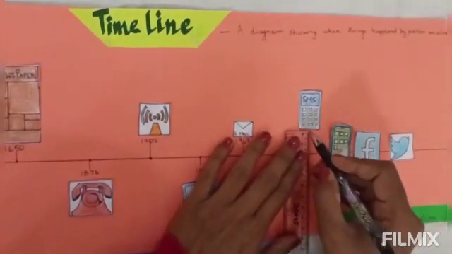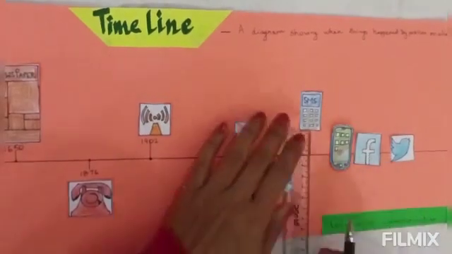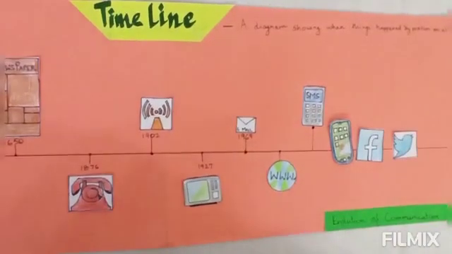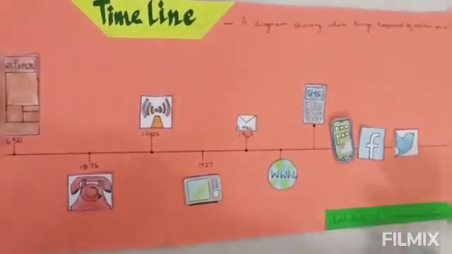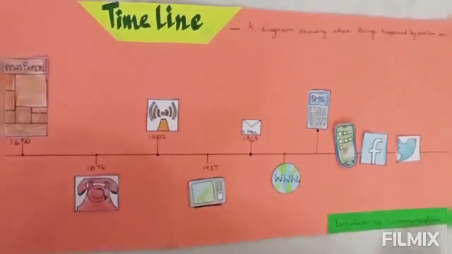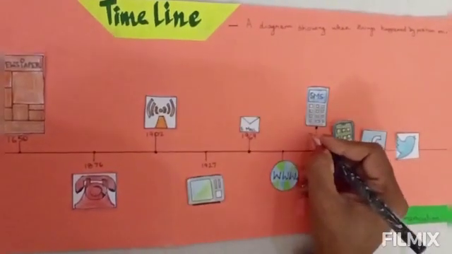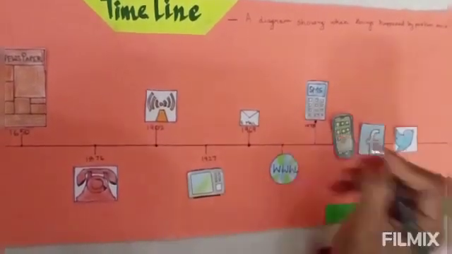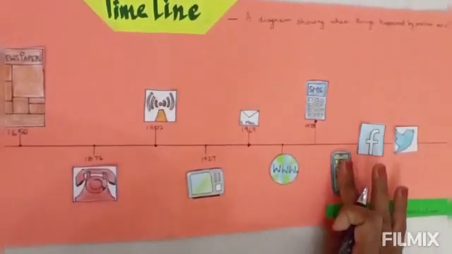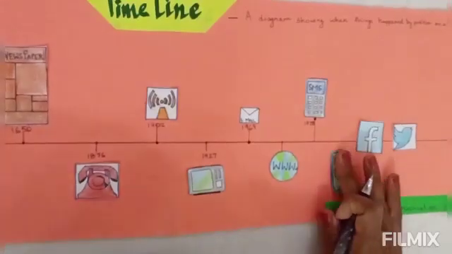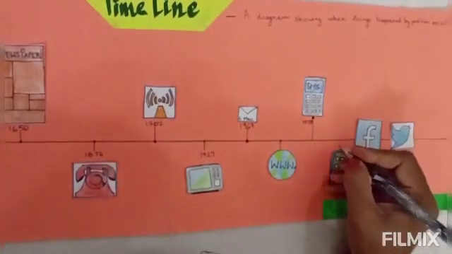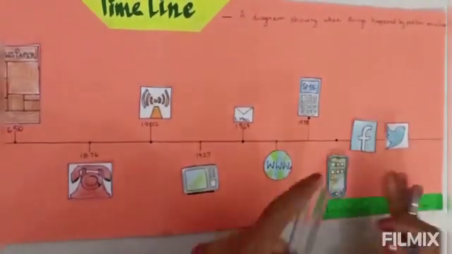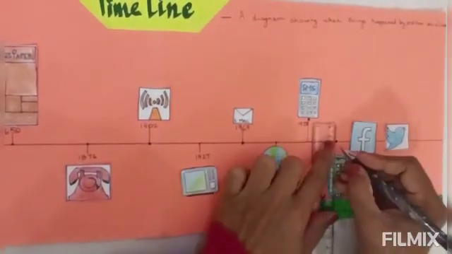Then we had mobiles with the technology of communication. First button mobiles were there in 1973, and after that touch screen mobiles also came into this world, which we as students and teachers are using so effectively for our teaching learning process.